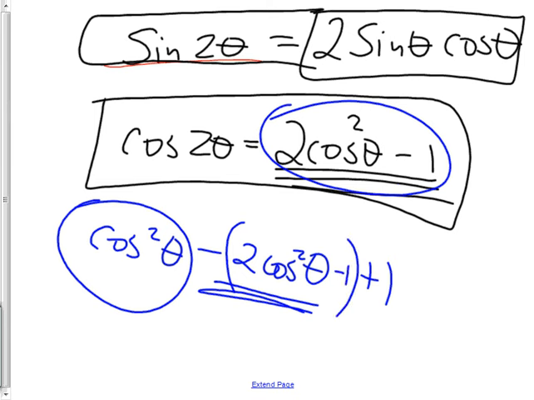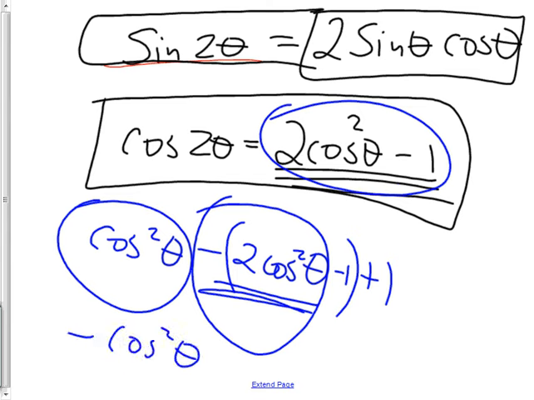Okay, so that and that need to go together now. What do you get when you put cosine squared theta and minus 2 cosine squared theta together? Negative cosine squared theta. Okay, and then how about this negative here, and this minus 1, does this have to get distributed to that? Oh, yes, it does. And that makes it what? Plus 1 plus the other one, which means plus 2.